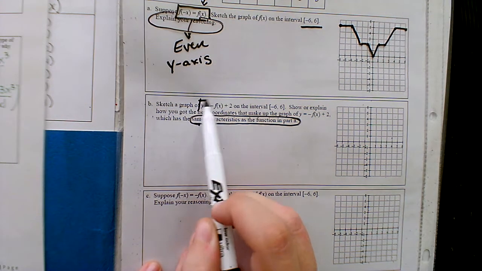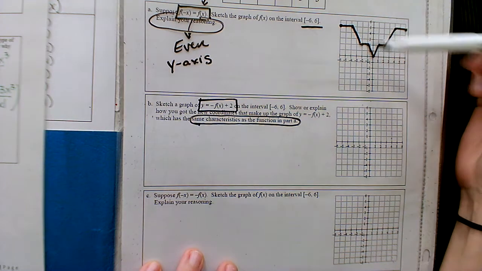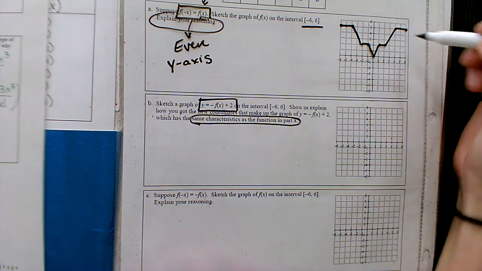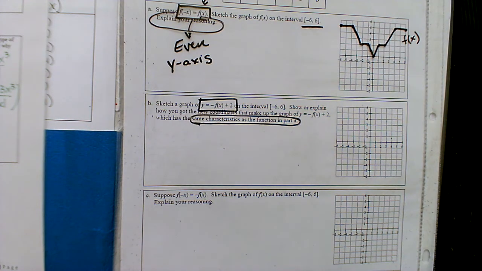Can we think about what this equation is asking us to do with this graph from part A? If this was our f of x graph? Yeah? Multiply the y value of the original graph by a -1 and then add 2 to it. Add 2.